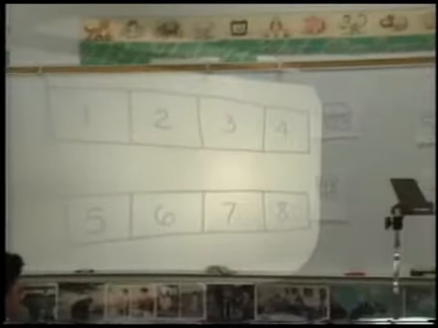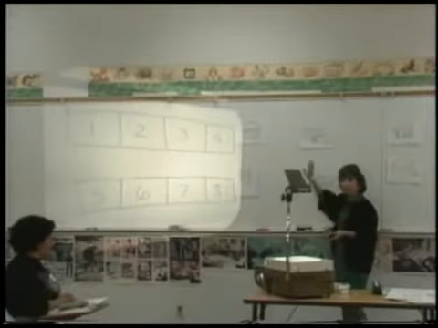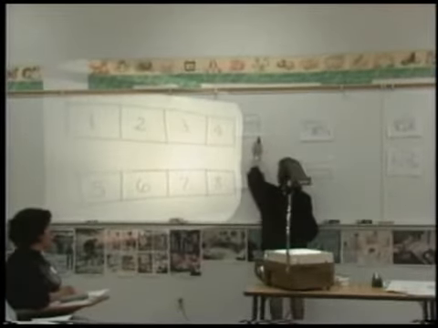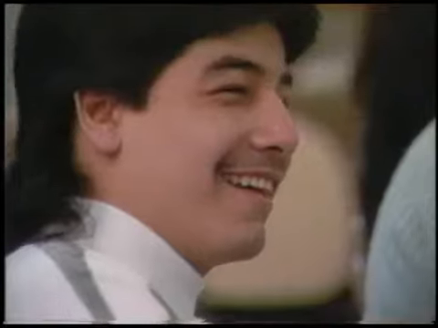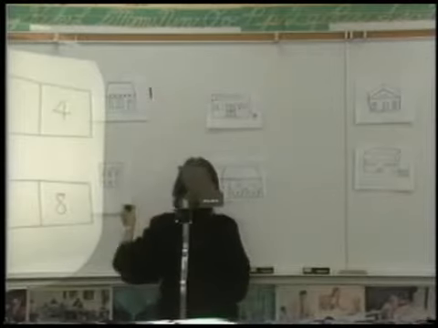The numbers that I use here also are going to be the numbers for the stores that I have here. Okay, so this is store number 1. Oh, this is too high. That's store number 1, okay?